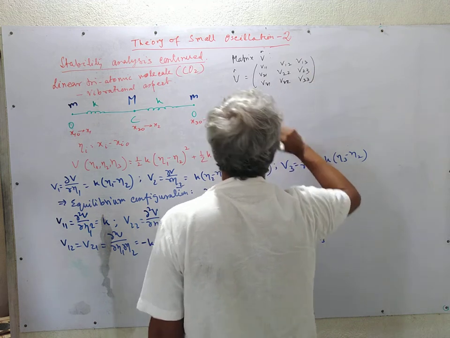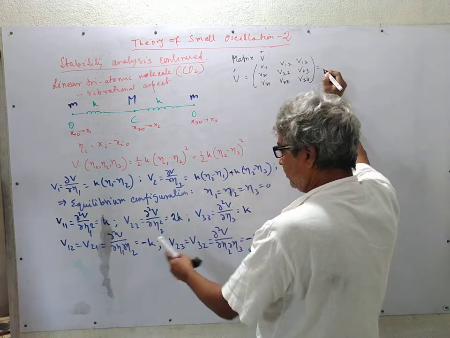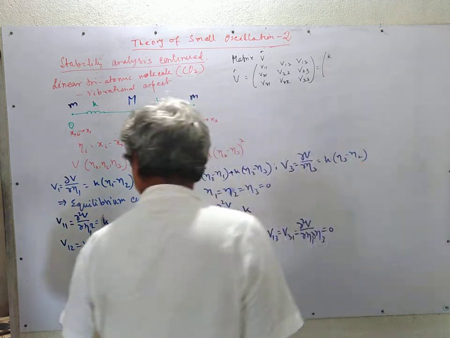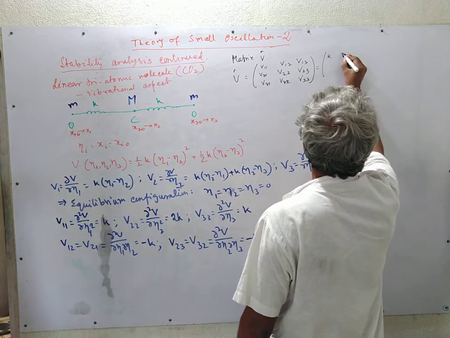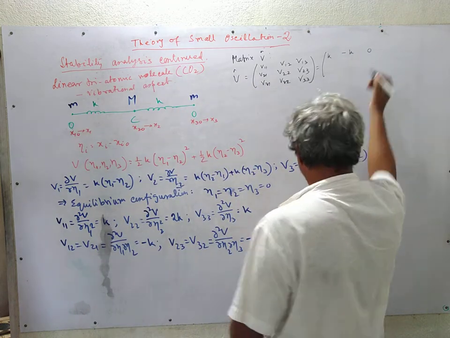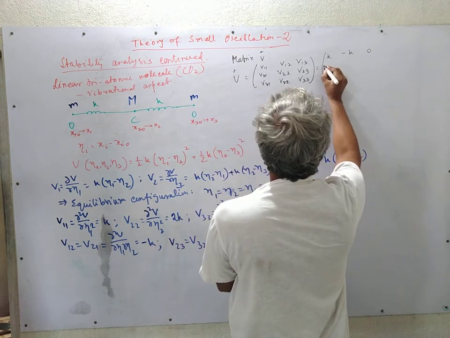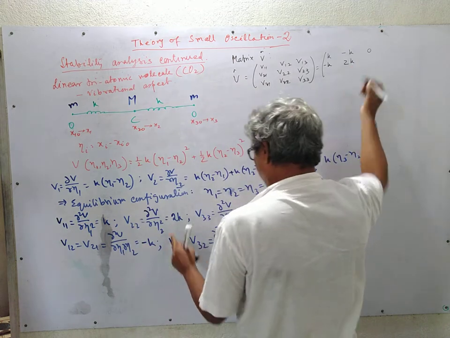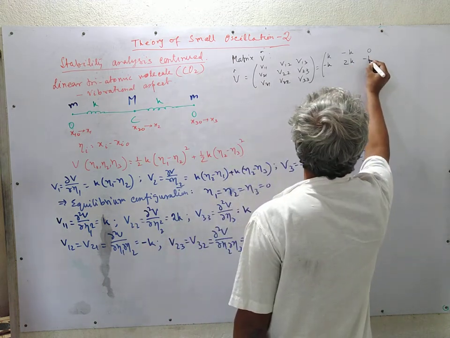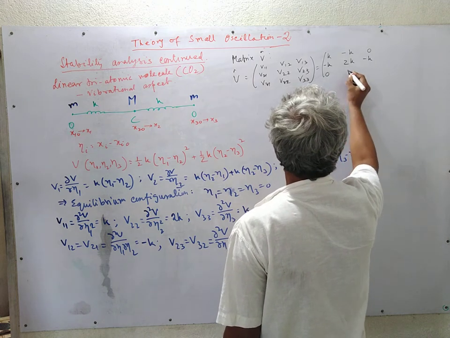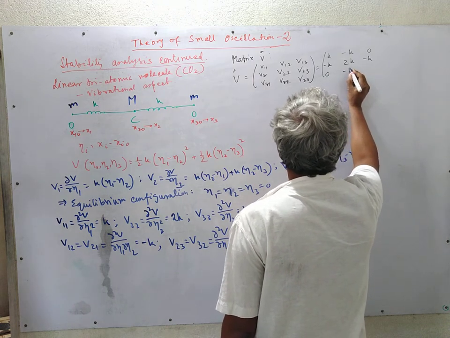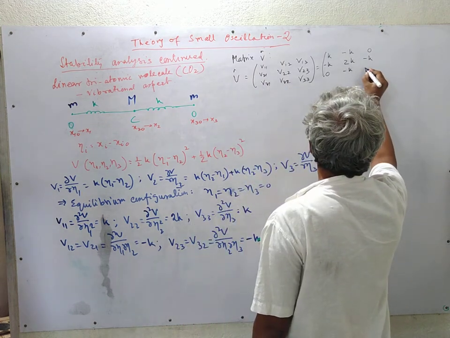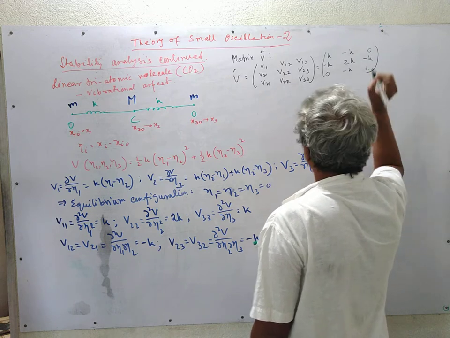This is the 3 by 3 matrix, and this is equal to: V11 is K, V12 is minus K, V13 is 0, V21 is minus K, V22 is 2K, V23 is minus K, and V31 is 0, V32 is minus K, and V33 is plus K. So this is the matrix.